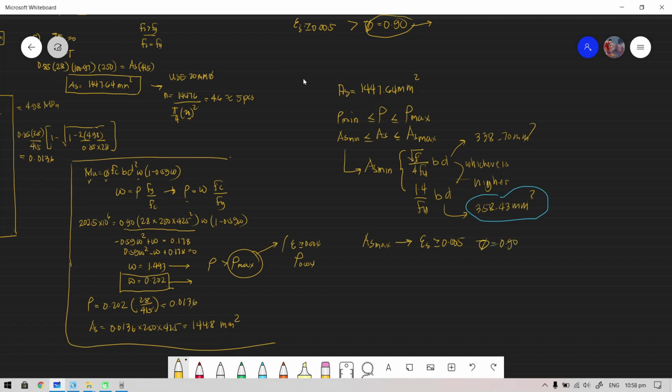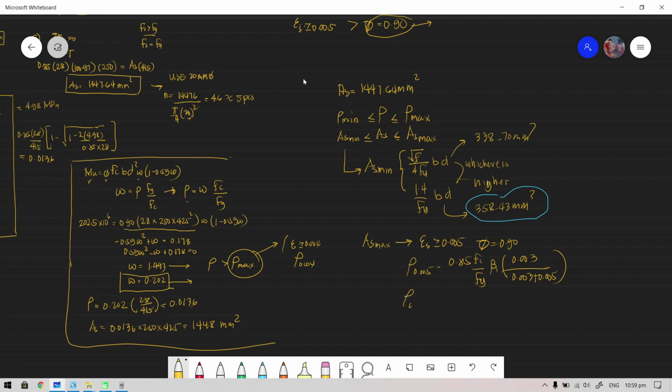So, yung rho dito sa 0.005 is 0.85 F prime C over Fy, beta 1, times 0.003 over 0.003 plus 0.005.